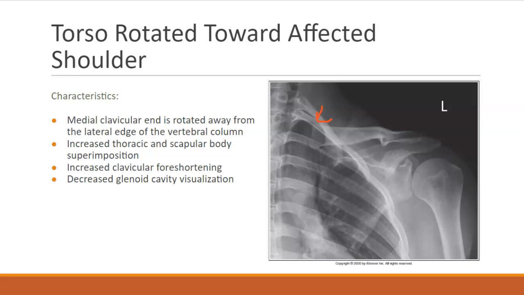We'll also see increased thoracic and scapular body superimposition, increased clavicular foreshortening, and decreased glenoid cavity visualization.